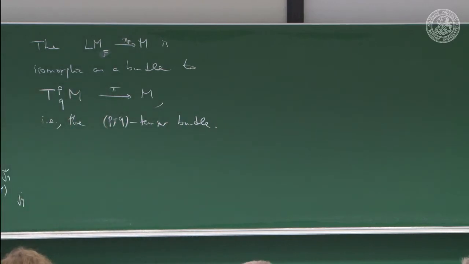Okay, so that's now not a big surprise. This is just the extension of the previous example where we constructed the tangent bundle as an associated bundle to the frame bundle. Now we extend this to tensors. This is not very spectacular.